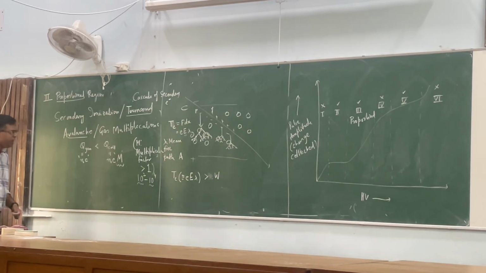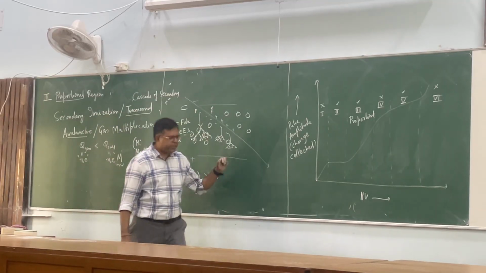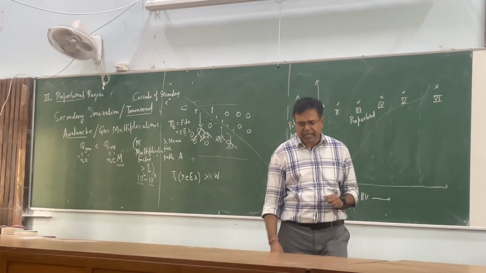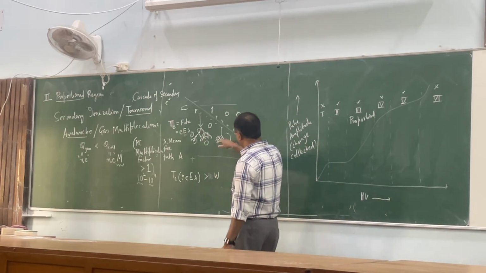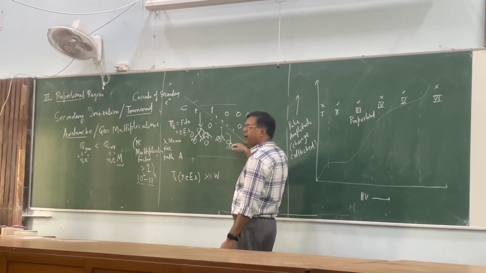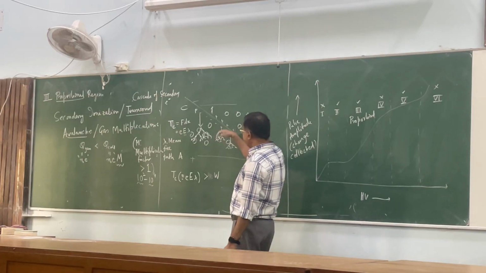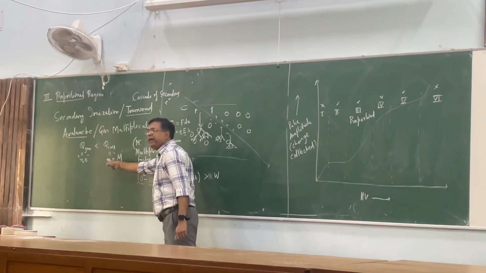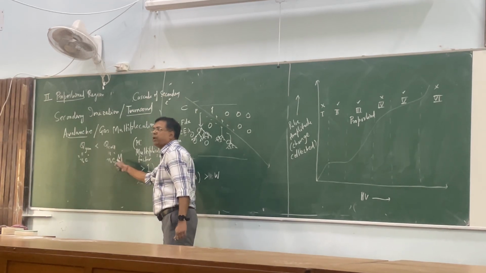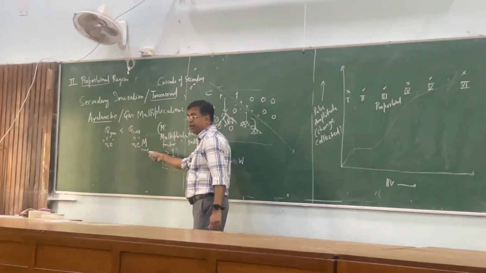And what we will see is that the positive terminal, the anode, sees the multiplication factor m because of these many electrons getting collected, each one giving a factor m. If n naught is the number given, then it is n naught times m.